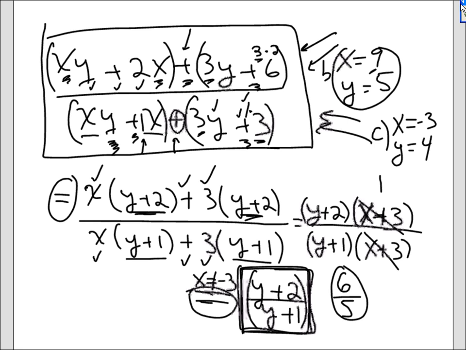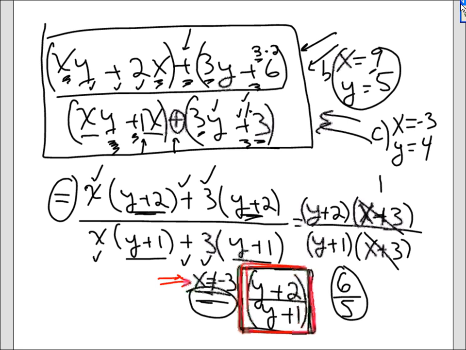Aha, I got the answer. No. The top does not equal this when x is negative 3. And if you don't write that down, even for yourself or your coworker who's building this bridge, you're not going to know it.